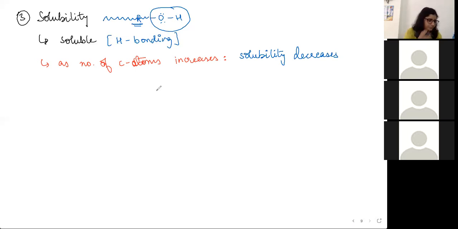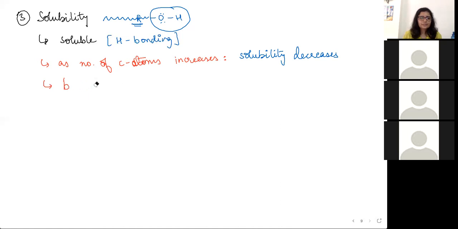And what other points do we have? If we have the same number of carbon atoms, let's talk about branching.